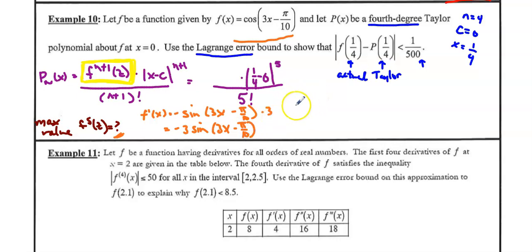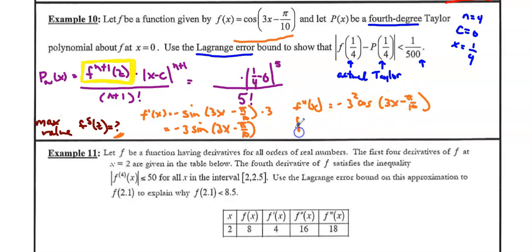Our second derivative is negative 3 cosine of 3x minus pi over 10 times another 3, so we have negative 3 squared times cosine of 3x minus pi over 10.